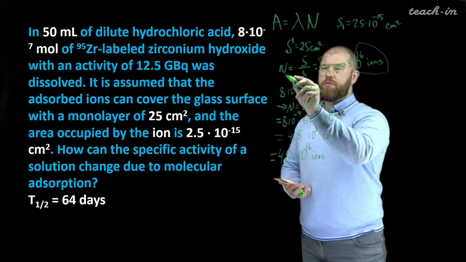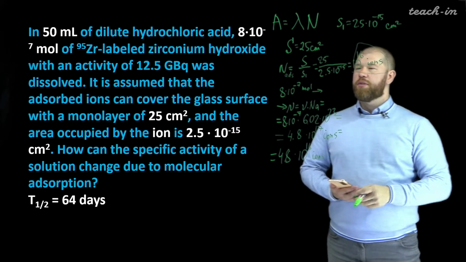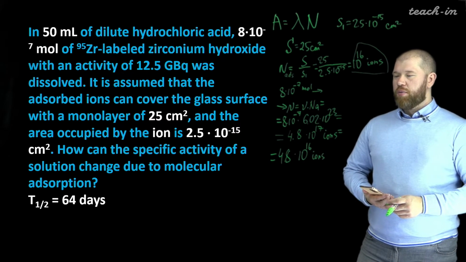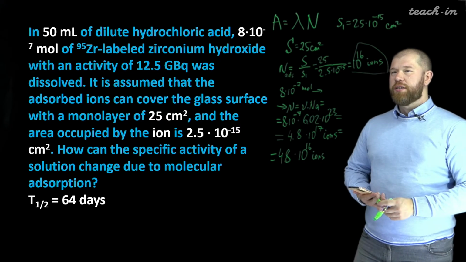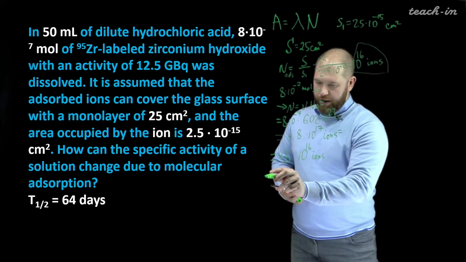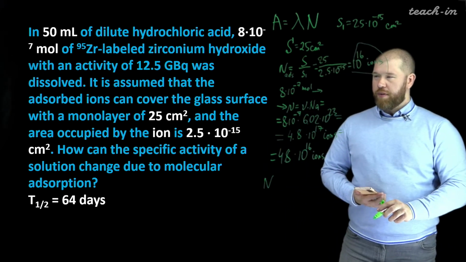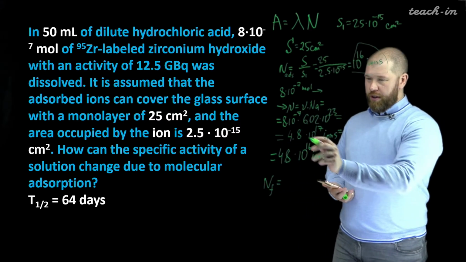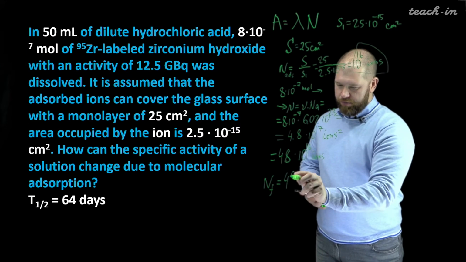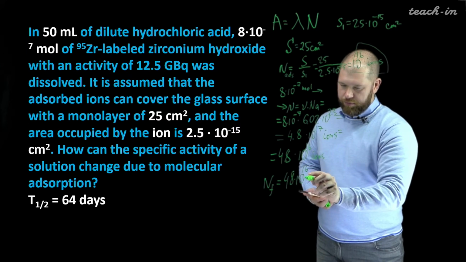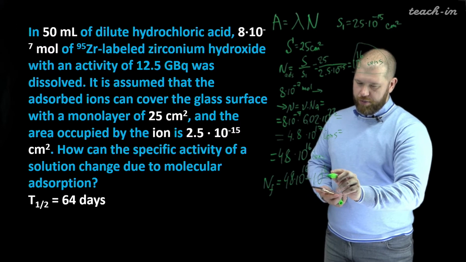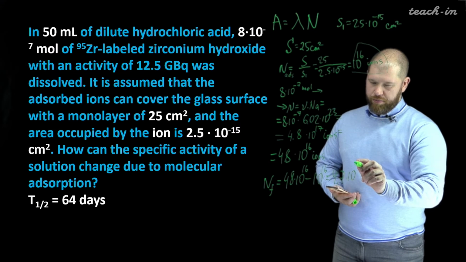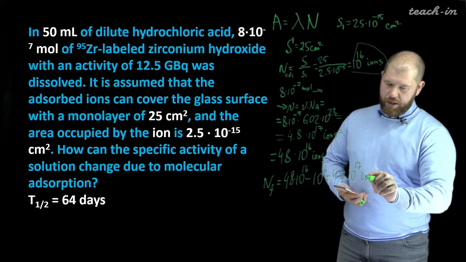Let's put some notation here: adsorbed atoms. And thus, we know that 10^16 ions will be absorbed, and that means that the final amount of ions will be our total amount minus this absorbed amount.